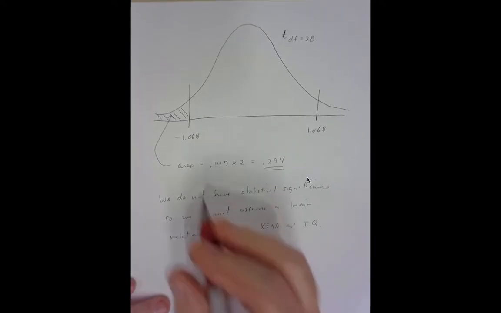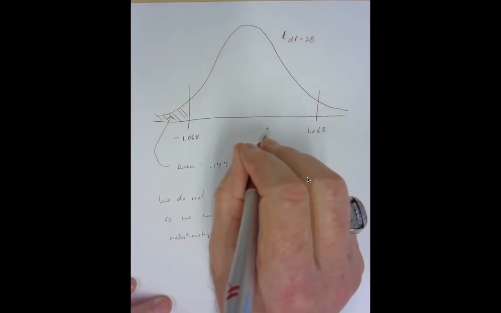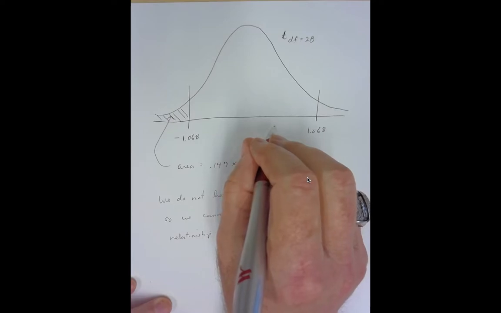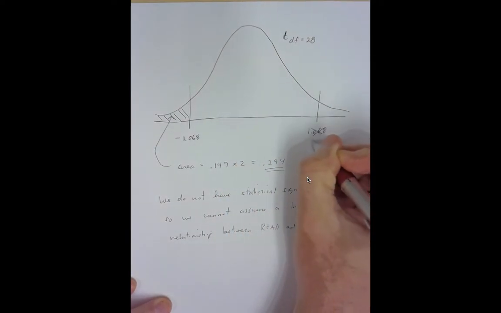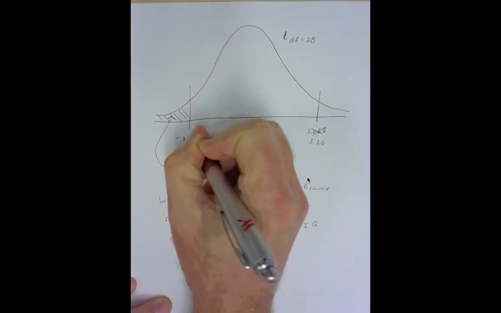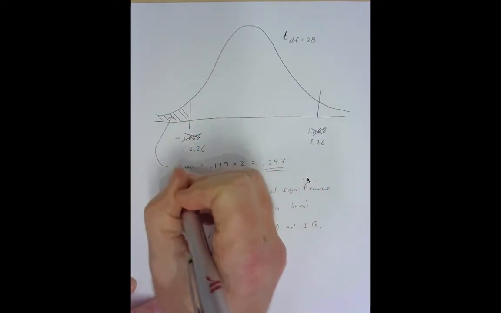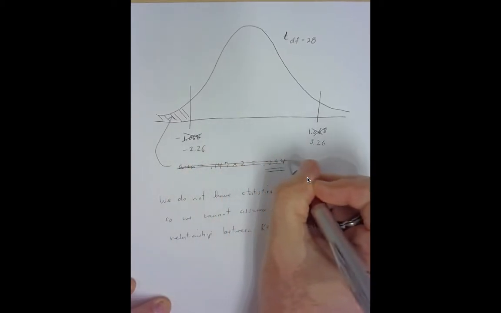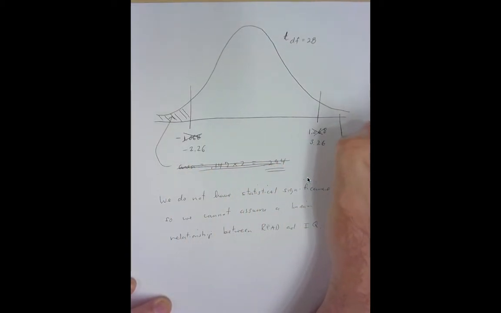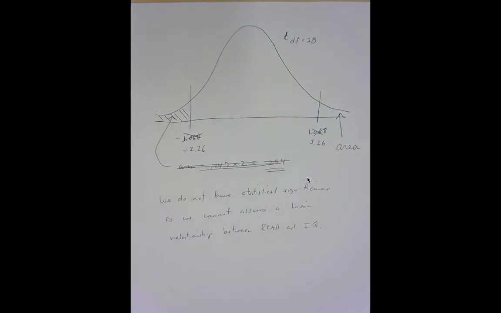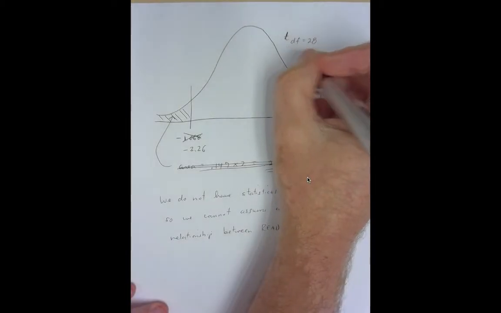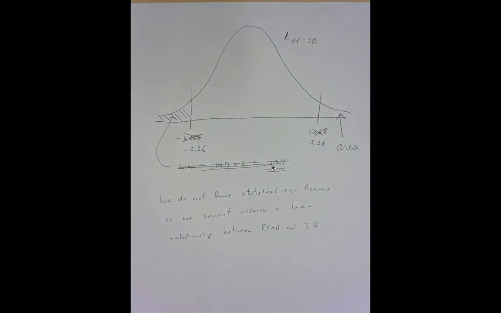Now, that makes everything wrong over here. So I have 3.26 and negative 3.26. I'm going to focus on finding this area. So guys, I'm using the t-distribution, degrees of freedom 28.